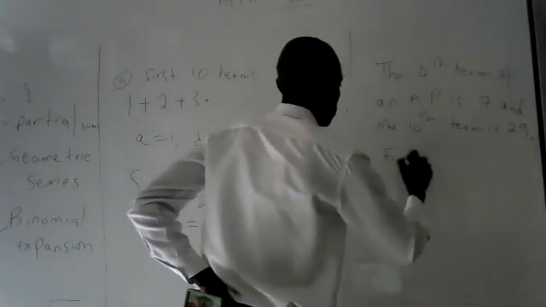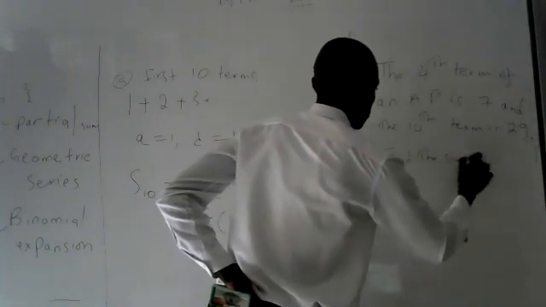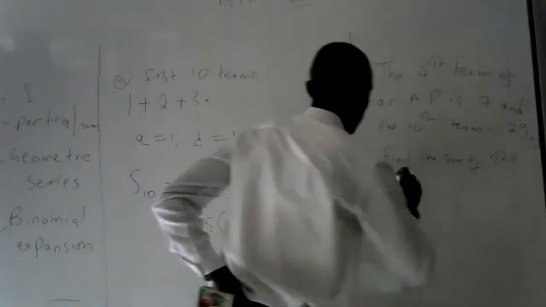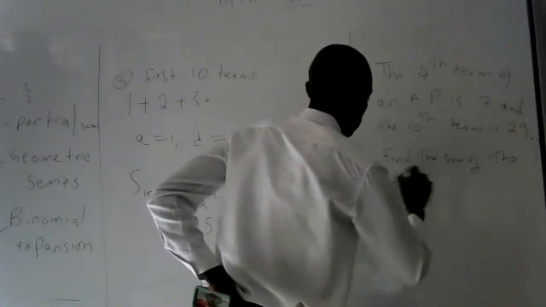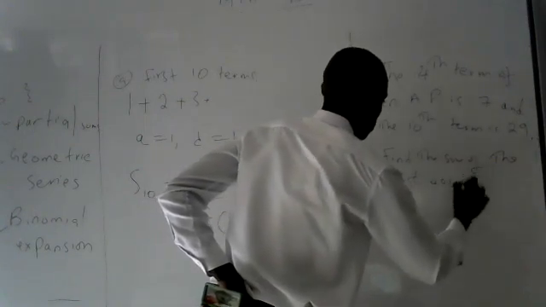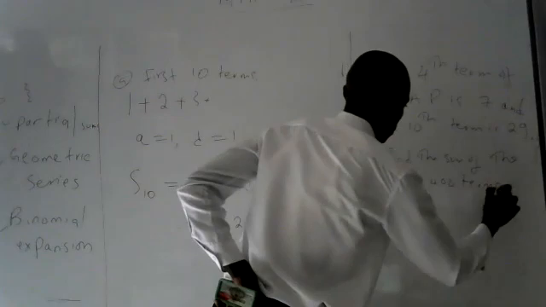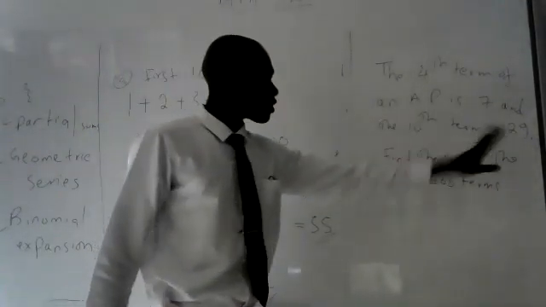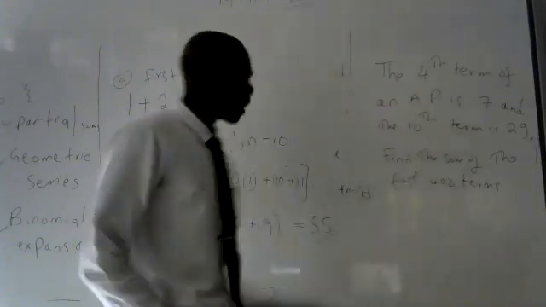Find the sum of the first 400 terms. Fourth term is 7, 10th term is 29. Find the sum of the first 400 terms.